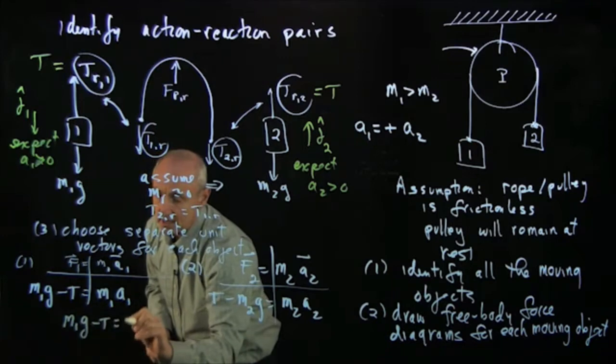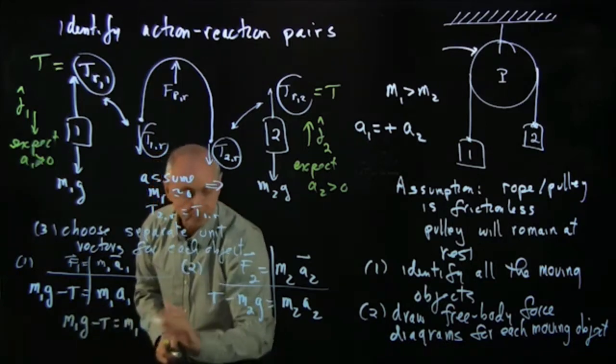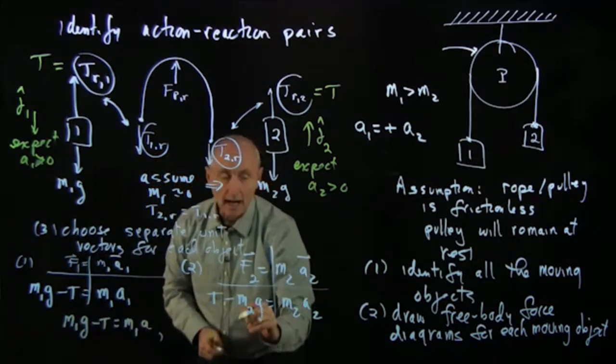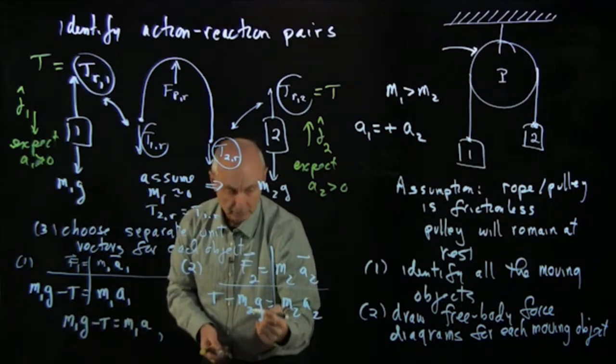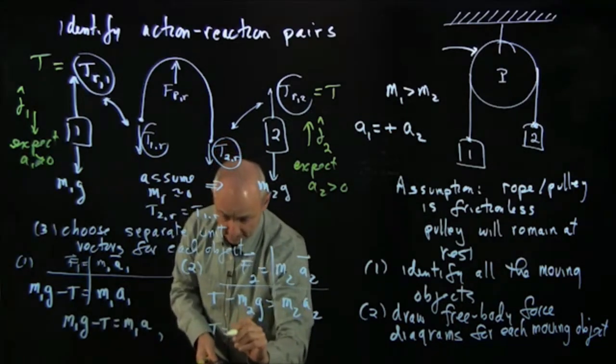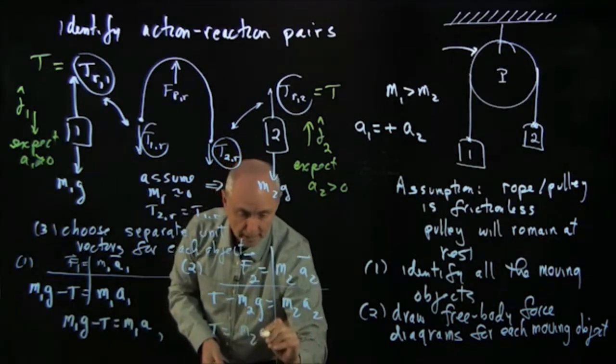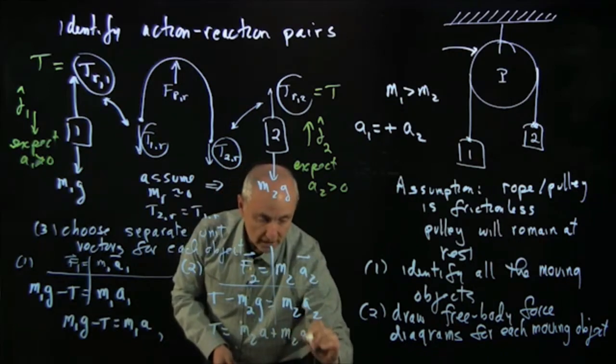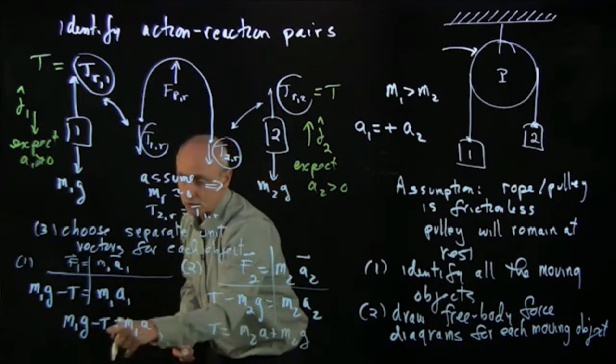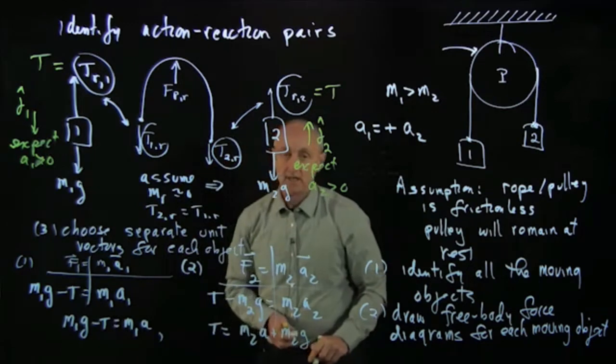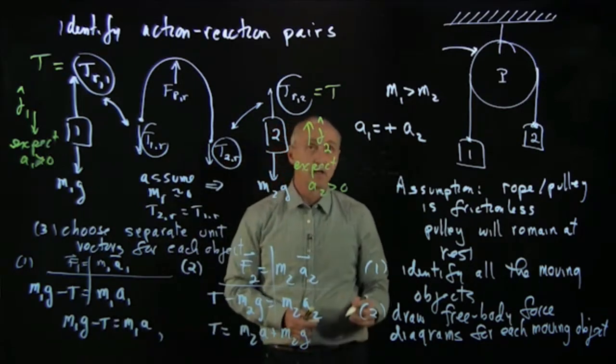m1g minus T equals m1a. And over here, let's solve for the tension. T is equal to m2a plus m2g. And when I substitute the T into that equation, we'll find some space for that.